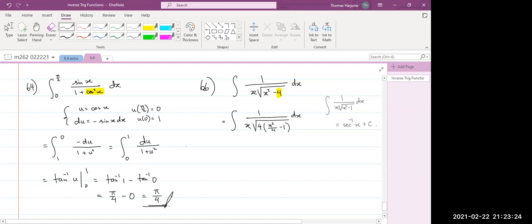Now the square root of 4 comes out, becomes 1/2, times the square root of (x over 2) squared minus 1, dx.